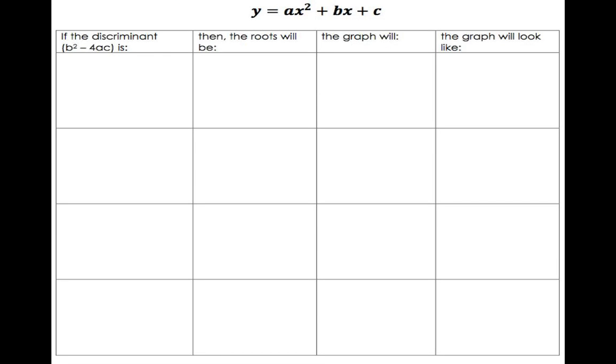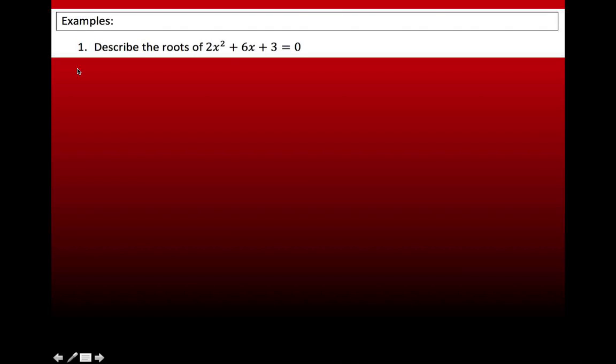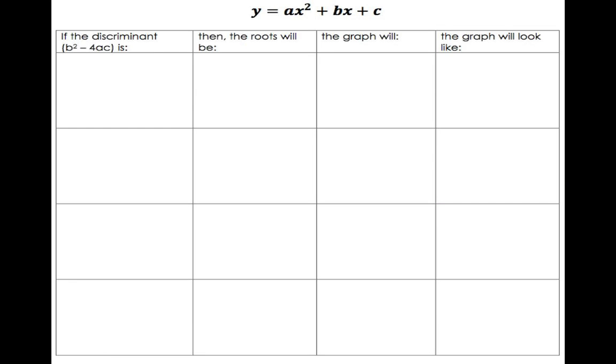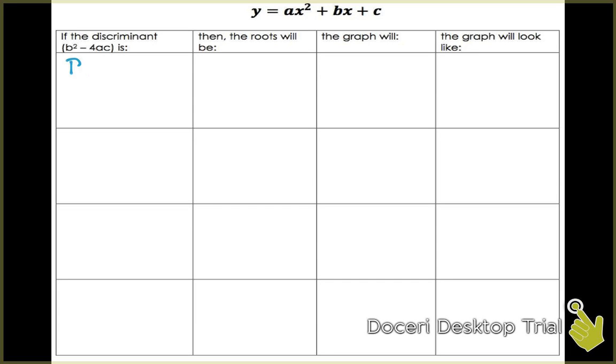There's a couple different things that can happen. Our discriminant can either be positive, we're going to skip one, go down here, it can be 0, or it can be negative.